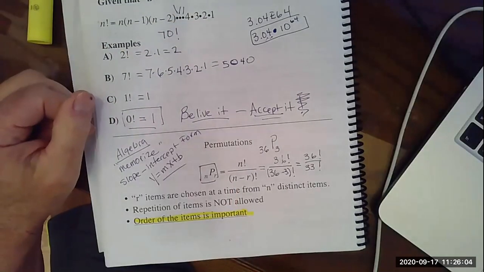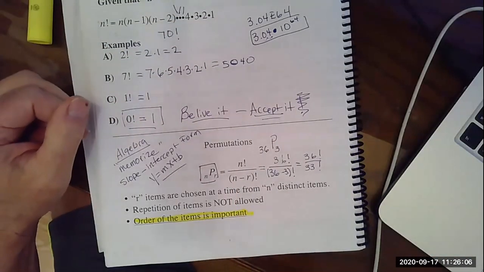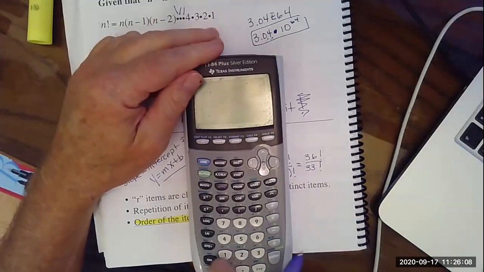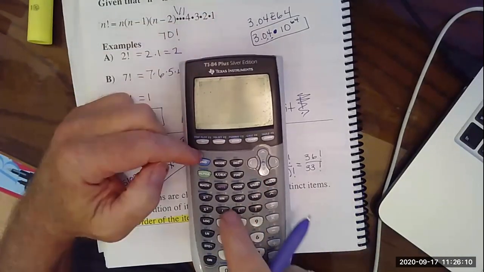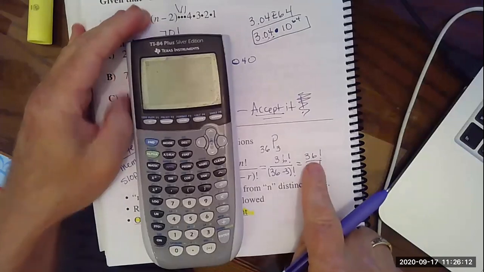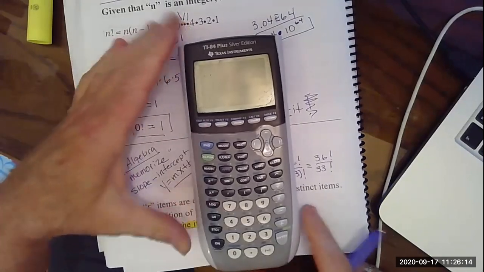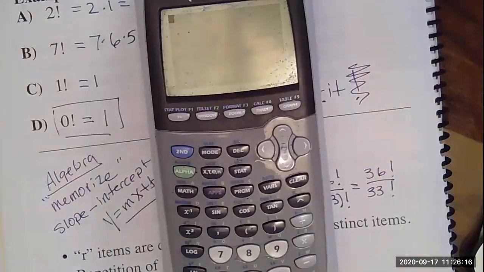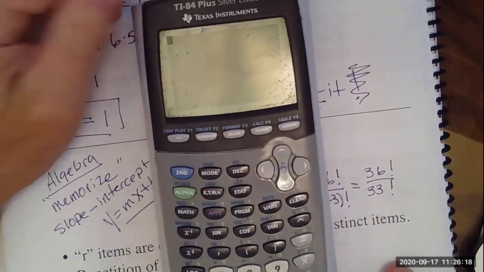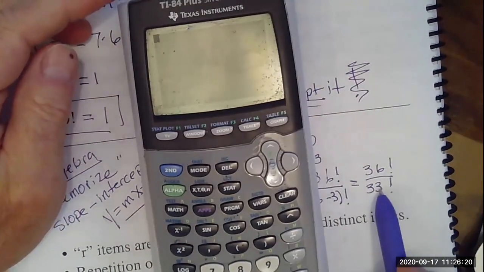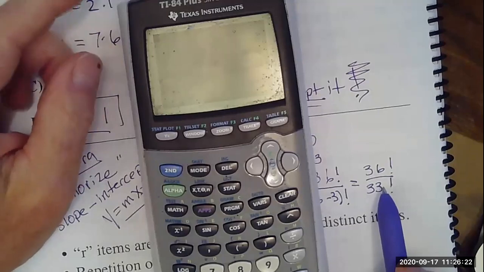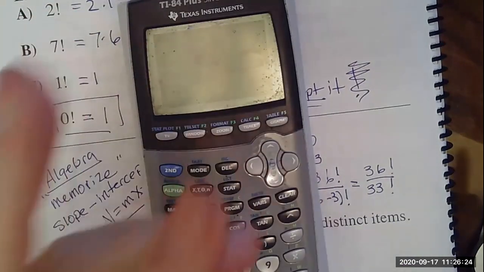so if I'm here and I want to work this out with the calculator, I know my batteries are pretty strong. I'm going to go second. I have to do 36 first. Now, my calculator has the ability of actually making a fraction. If you want to see me after class, I can show you how yours might.